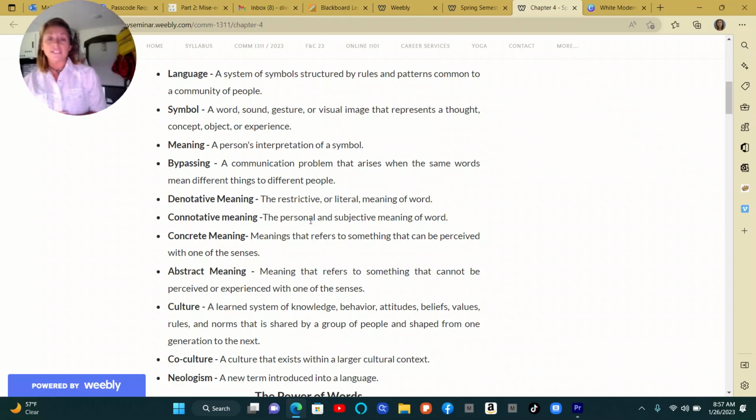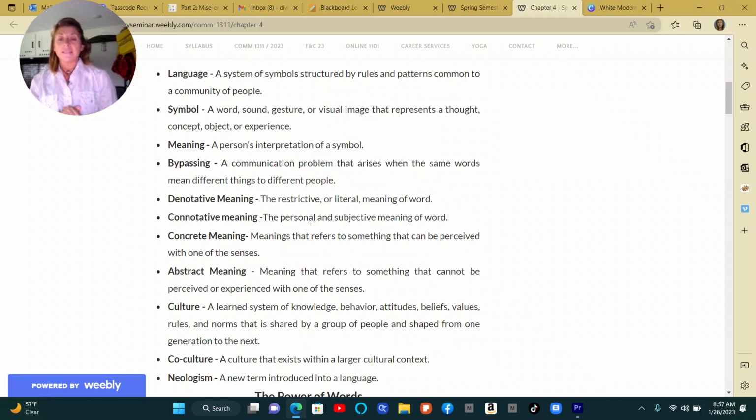Culture is a learned system of knowledge, behavior, attitudes, beliefs, values, rules, and norms that is shared by a group of people and shared from one generation to the next. We've talked a little bit about that in regards to what's avowed and what's ascribed, and how your beliefs, attitudes, and culture are developed through that.